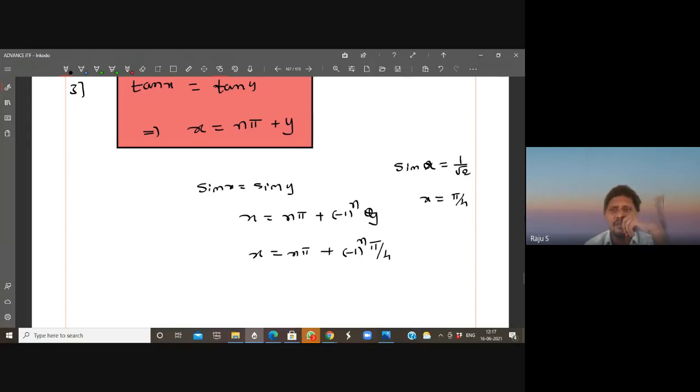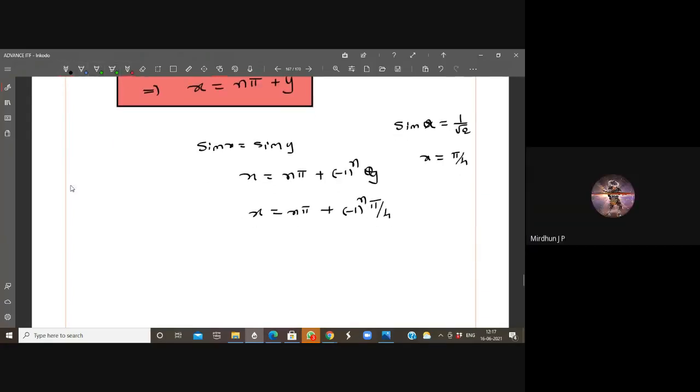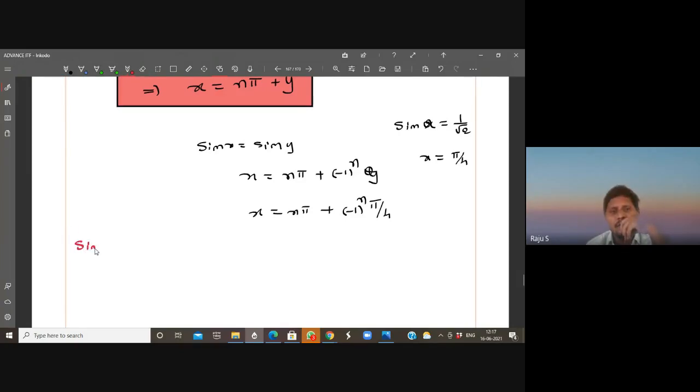Sine is positive in which quadrants? First and second. So sin x is equal to 1 by root 2, then x is equal to pi by 4 in the first quadrant and 3 pi by 4 in the second quadrant. Let us substitute n is equal to 0 and see whether we get the same values with the help of this condition.